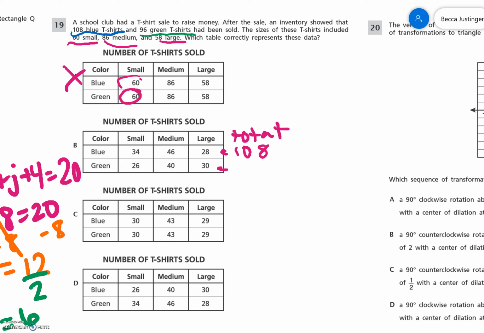And that's what we were looking for. And with green, I'm going to do 26 plus 40 plus 30. That gives me 96. That's what we were looking for in total blue and total green.